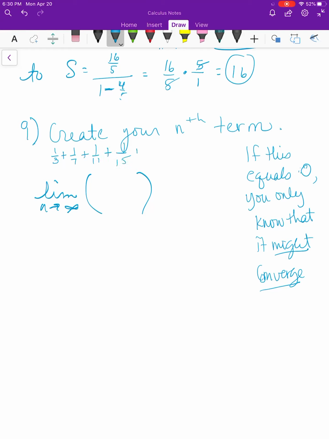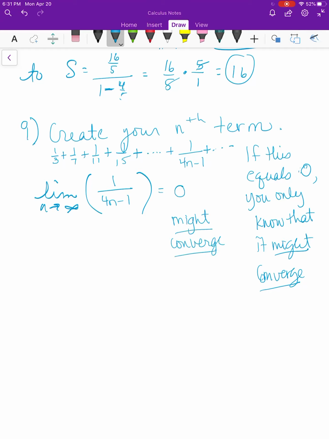So hopefully you either stopped this and you tried to find your nth term, and hopefully you found that your nth term here, 1/3 plus 1/7 plus 1/11 plus 1/15 plus ... plus 1 over 4n minus 1, is your nth term.